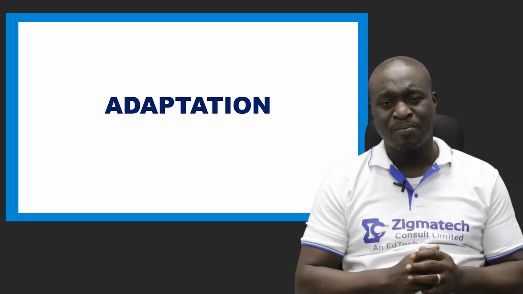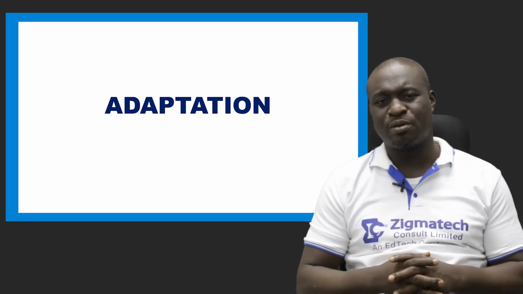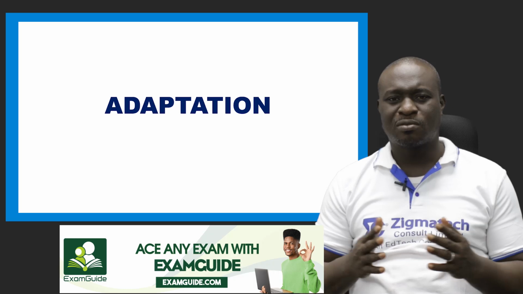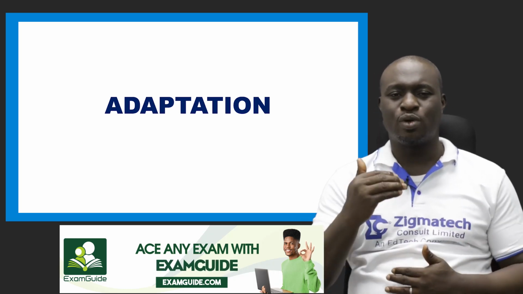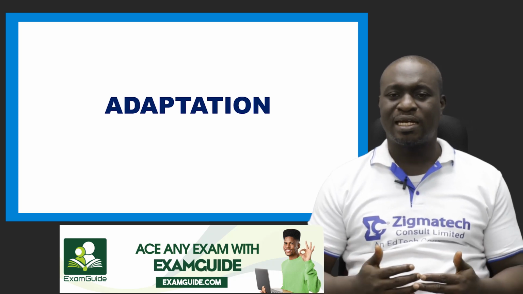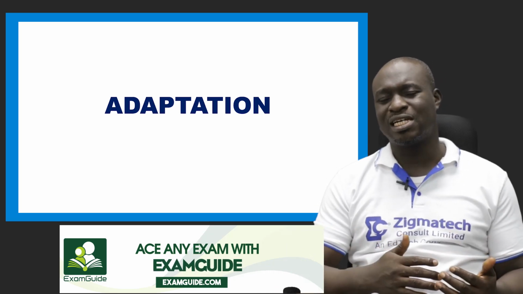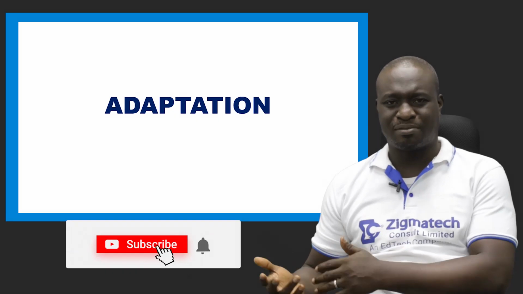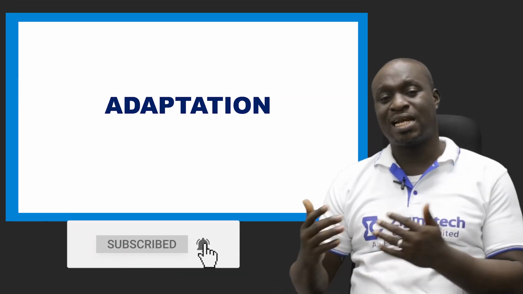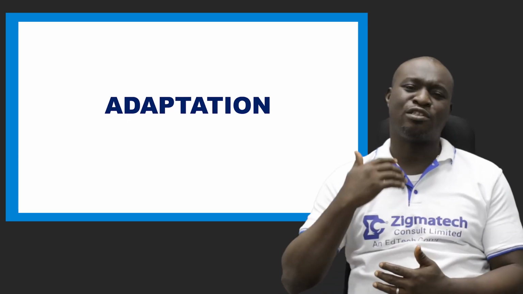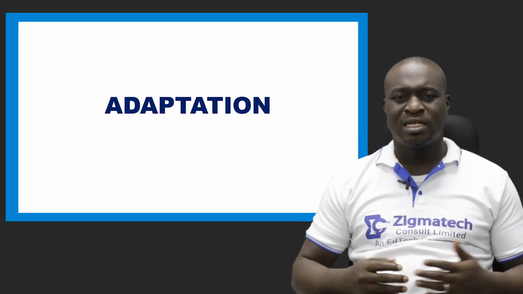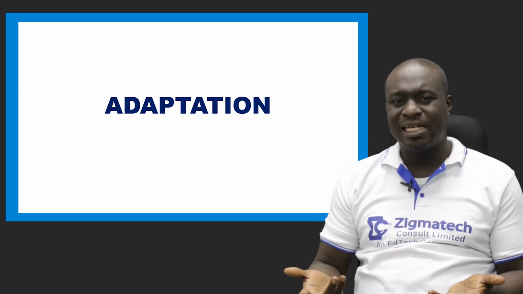We have just finished discussing the topic on tolerance, in which we made mention of organisms being able to withstand certain changes. Somehow tolerance is related to adaptation, in the sense that in adaptation the organism doesn't just withstand, but adjusts to these changes. They make it a part of their daily living.